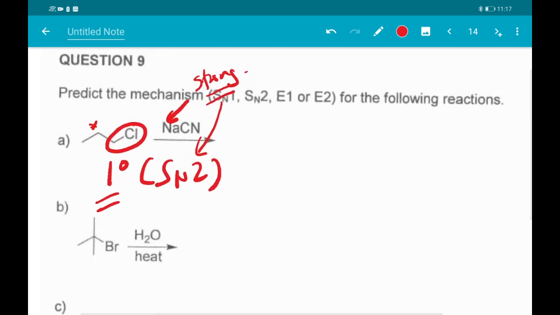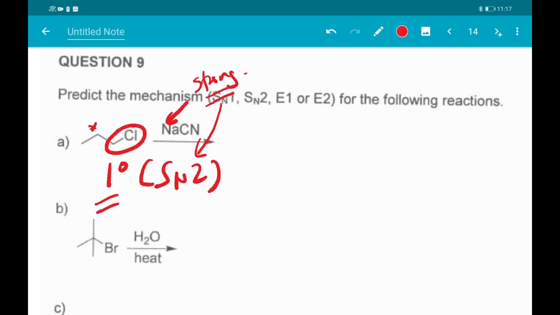So for the SN2 reaction, as you can see here, it must substitute the Cl with the nucleophile. In this case, for NaCN, we know that Na, sodium, is normally positive, while CN is negatively charged.